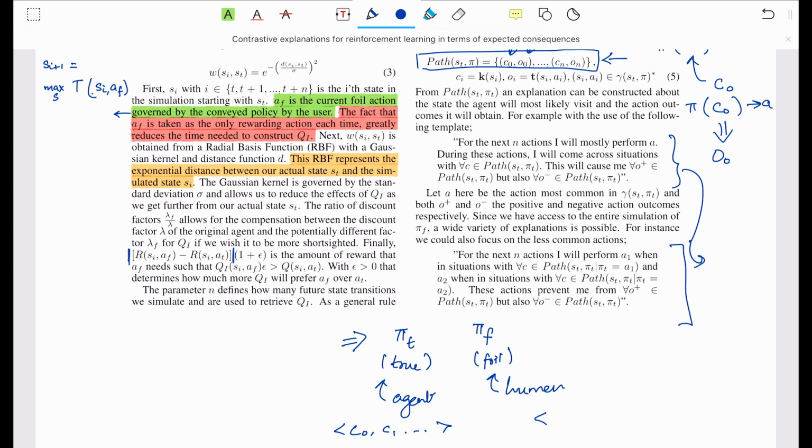This other set of concepts would be true, that is c0', c1', and so on, had I taken pi f. Now what we can do is contrast these two sets, that is, well, I did pi t, which is the agent policy, because these are the concepts that I wanted to be true, versus if I had done pi f, that is what the human suggested, then I would end up in a state where this other set of concepts is true, which I didn't really want.